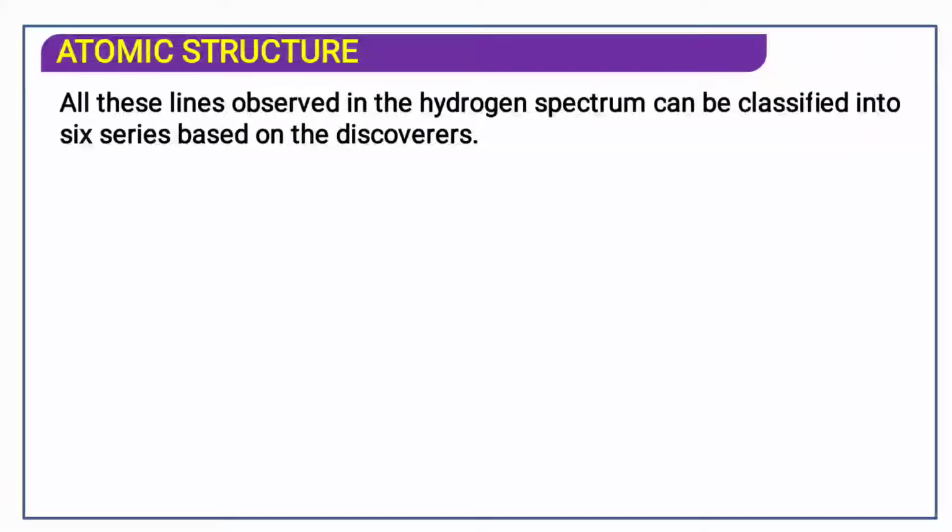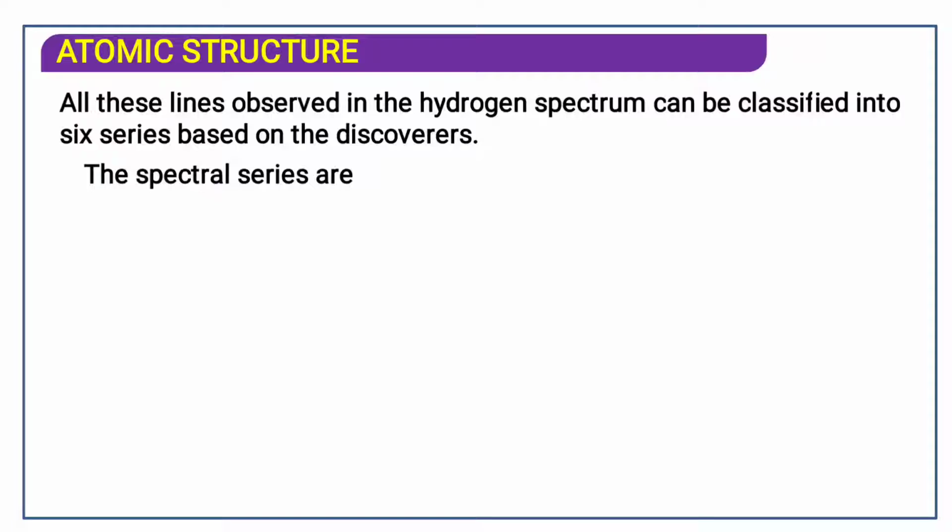All these lines observed in the hydrogen spectrum can be classified into 6 series based on their discovery, out of which in our syllabus only 3 series have been given. In the old syllabus 5 series were given. What is a spectral series?